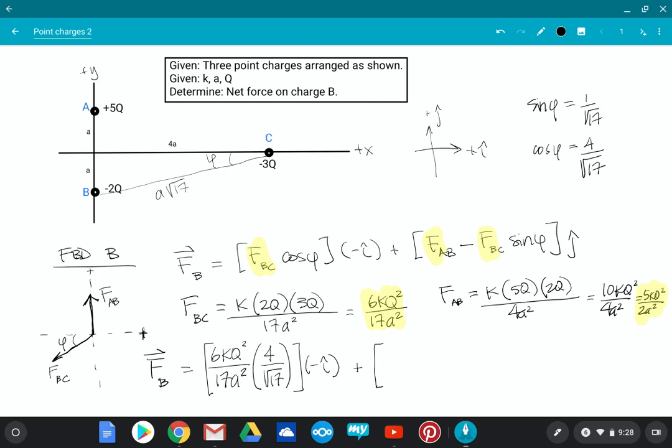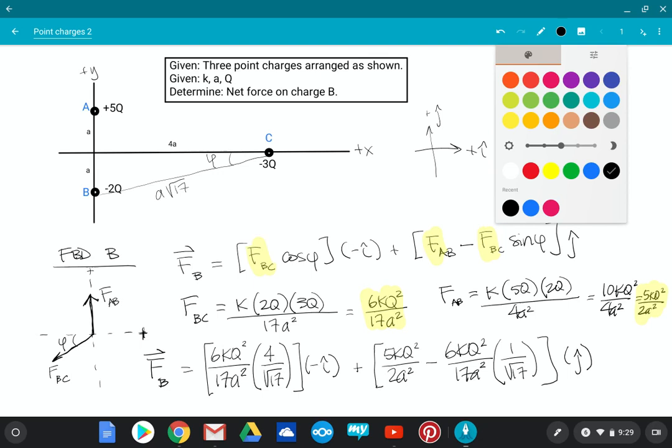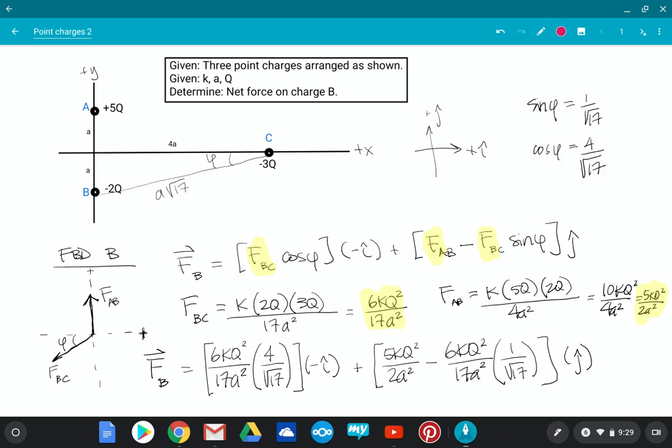Then F_AB, 5kQ squared over 2A squared, minus F_BC, 6kQ squared over 17A squared, times sine phi, which is 1 over root 17. And then that's all j hat. Okay, so that's our final result there. We don't need to simplify. I mean, you can if you really want to.